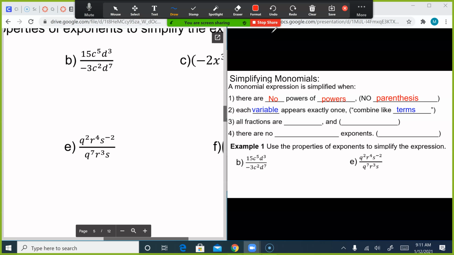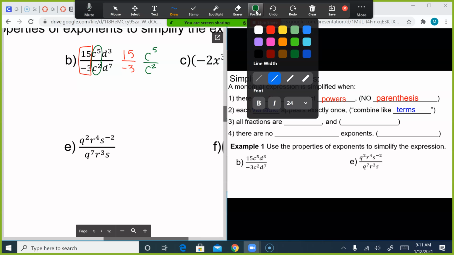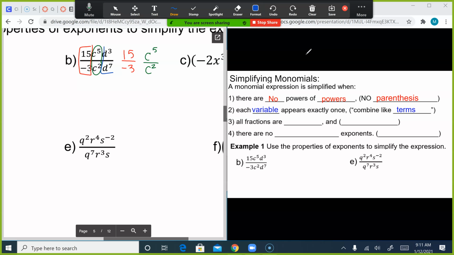So again, I'm going to write it combined together, but in the end you really don't have to do this part. So I'm going to combine this fraction together, 15 over negative 3, and then I'm going to combine this fraction together, c to the 5th over c squared, and the d's.